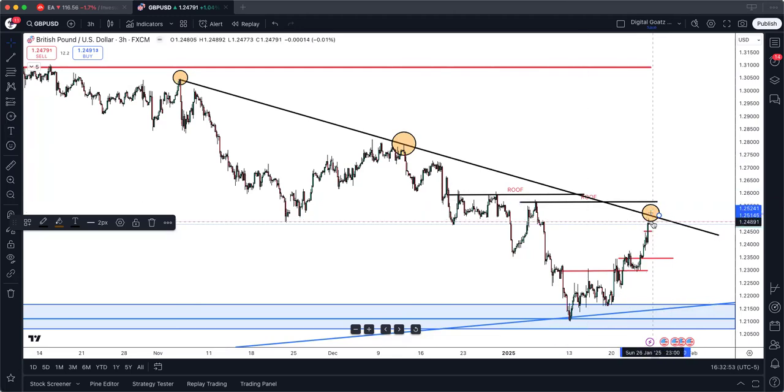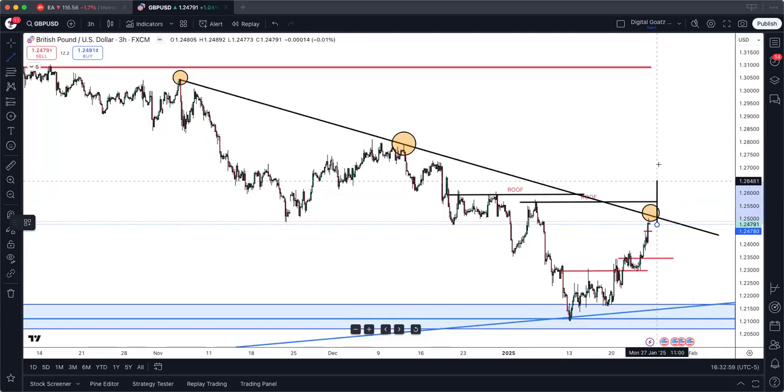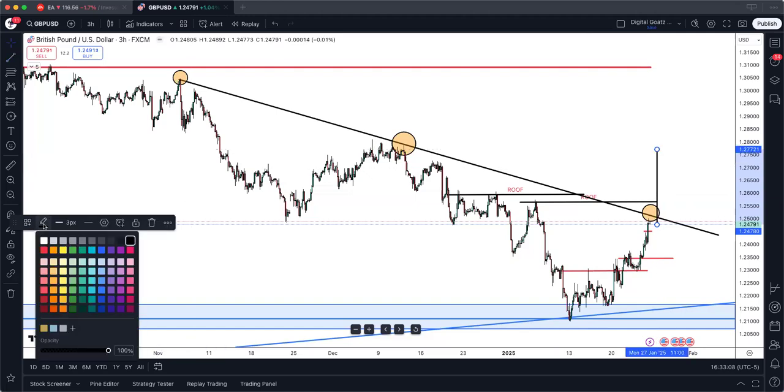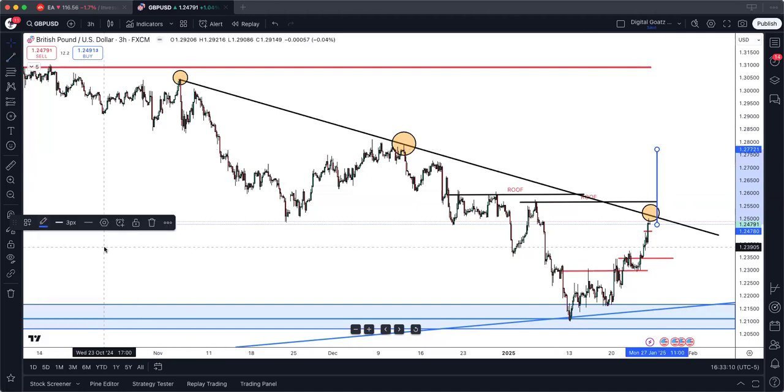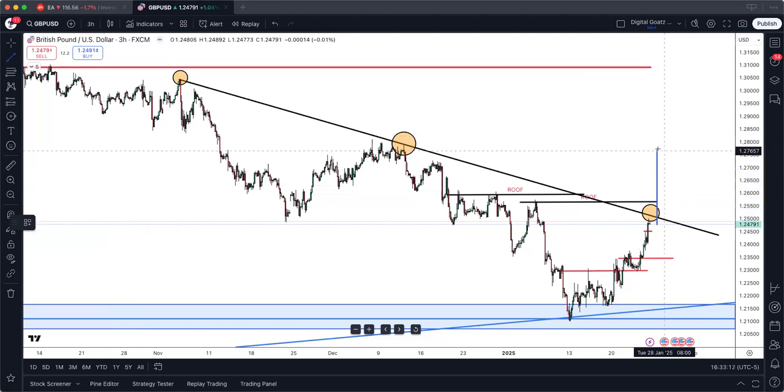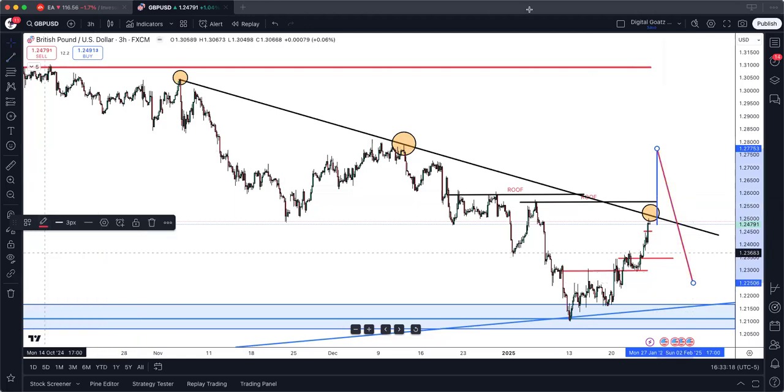The market could pretty much create a move where it does this. And say that was the market getting extremely bullish right there, right? And then that's the market getting bearish.